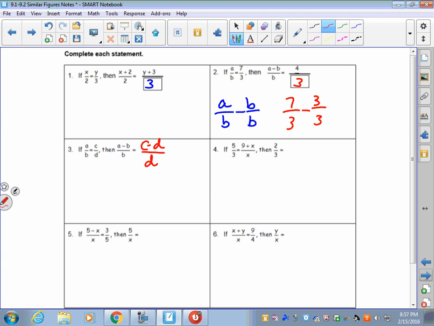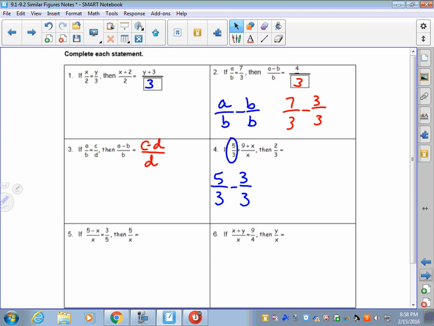Okay? And now we have a little combination here. It says if 5 over 3 equals 9 plus x over x, then 2 over 3 equals, so think about what I am doing to the 5/3 to get to the 2/3. I'm hoping you see we're subtracting by the denominator. So for this first 5/3, let's subtract 3 over 3 to get to that 2/3.